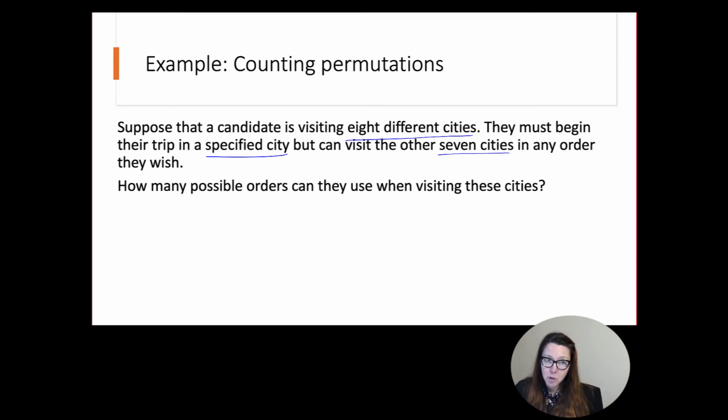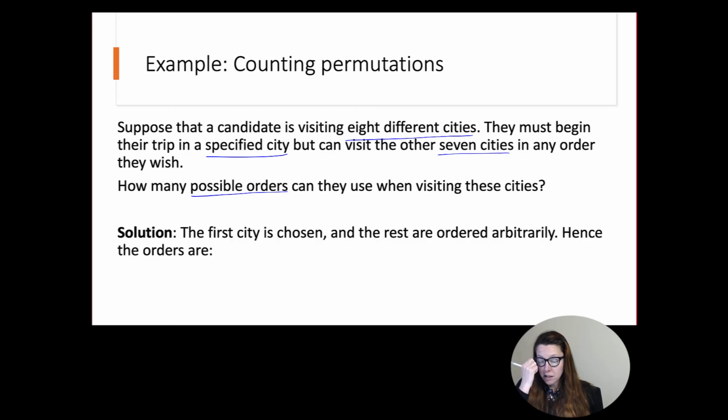So how many possible orders would you have to look through in order to make sure you found the smallest route? Okay, so starting our solution, the first city is chosen, and there's a fun hint.